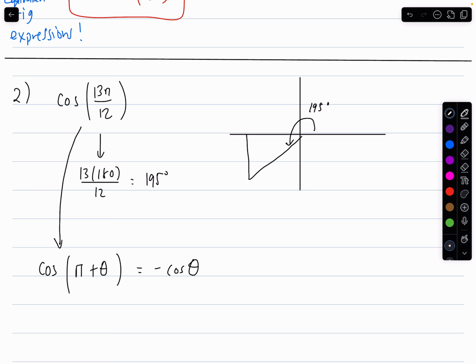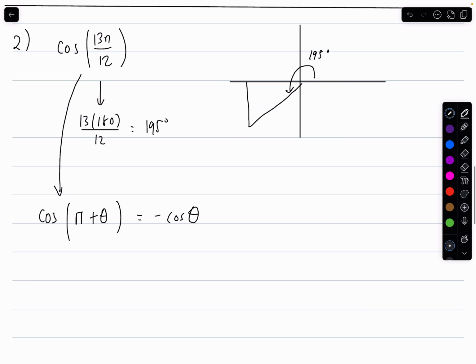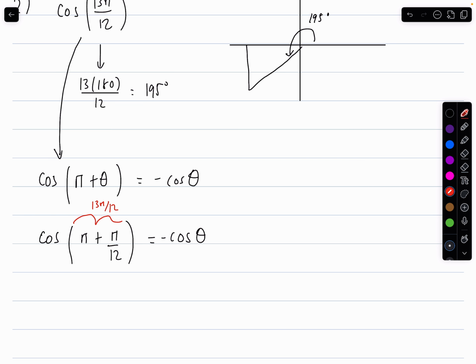So the way I would do that is pi plus what would give me 13 pi over 12. Pi plus pi over 12 is actually going to give me that 13 pi over 12. So you see that? This right here is going to give me the 13 pi over 12. And that should equal negative cos theta.